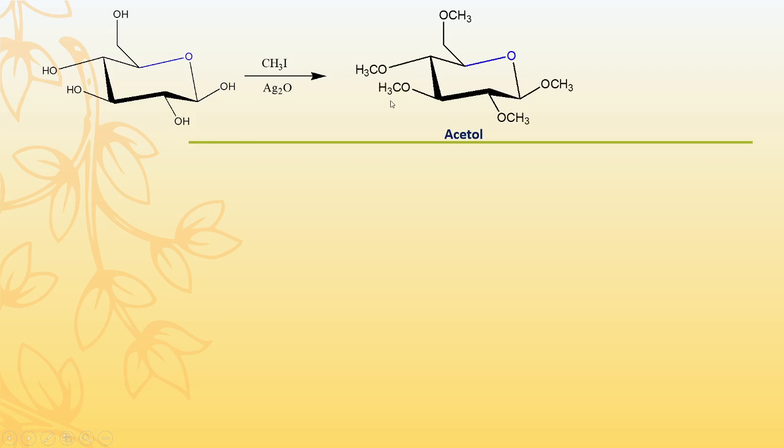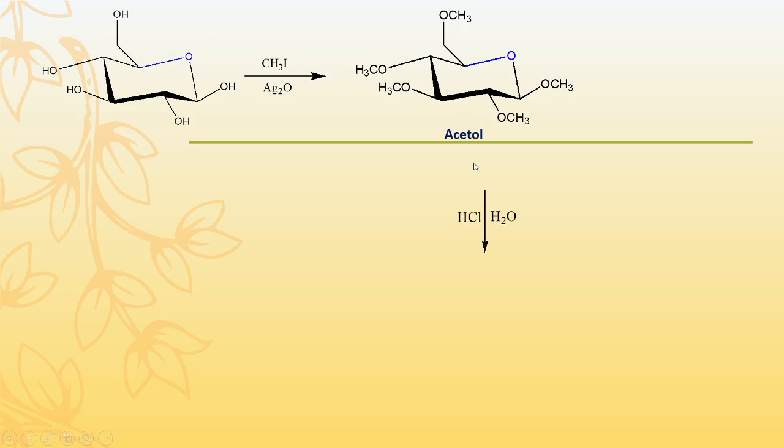After the methylation, all these hydroxyl groups are converted into OCH3, and this is called an acetal, because the anomeric carbon is attached to one OCH3, this O and this ring. Therefore it is called the acetal. In the first step we do the methylation of this sugar and get an acetal as the product.